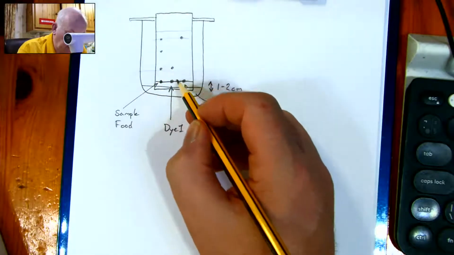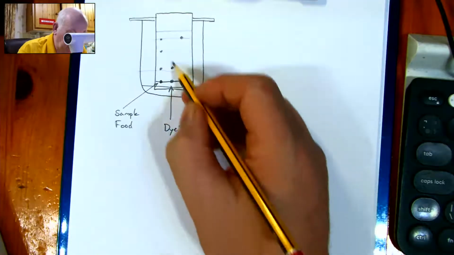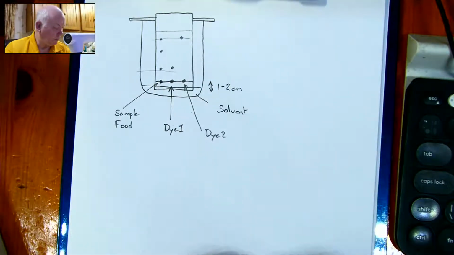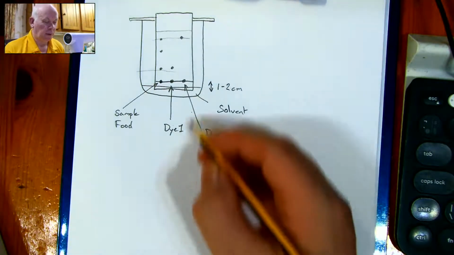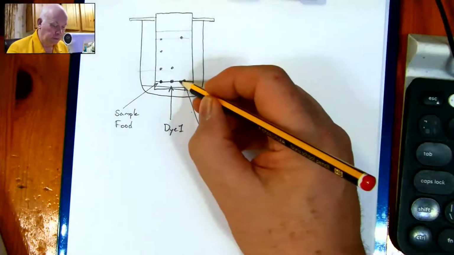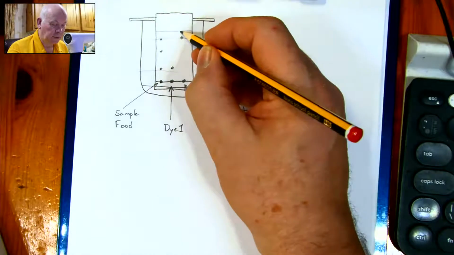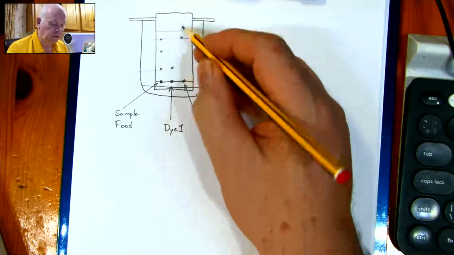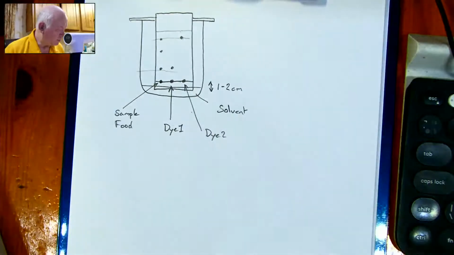It also has dye 1, and here it's got another dye that I didn't test for. We measure this by measuring the distance these have run and the distance how much the solvents run. And we'll look at that in more detail in another lecture.